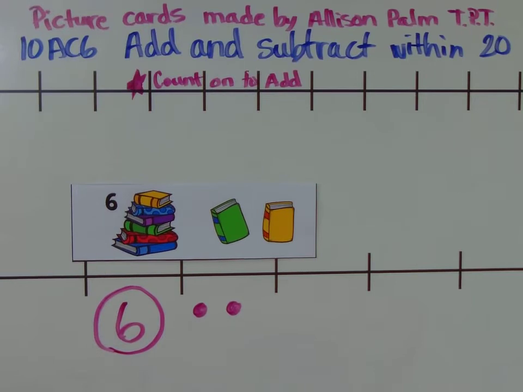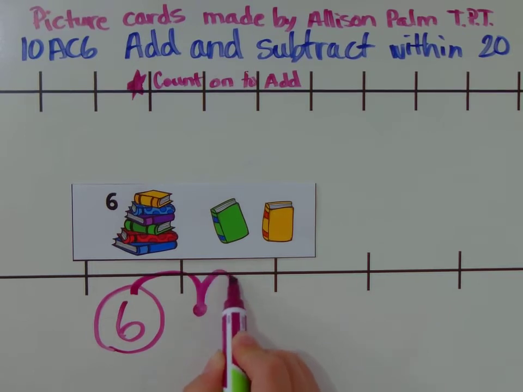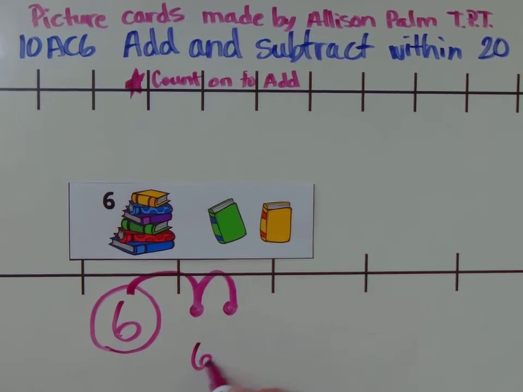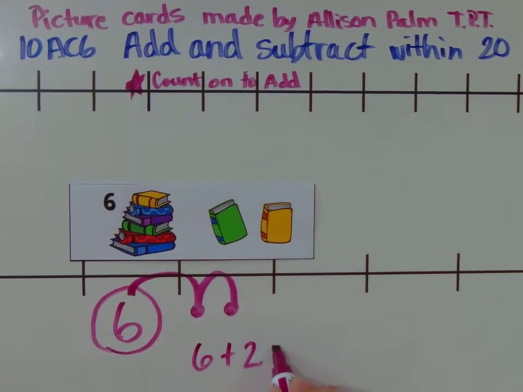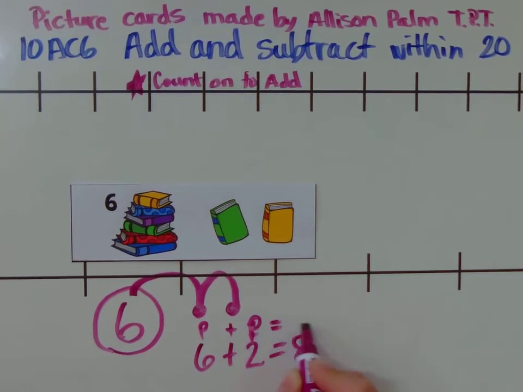Circling the 6 and counting on 6, 7, 8. Counting on the next numbers in sequence. 6 plus 2 equals 8. 6 is a part plus 2 is a part equals 8 as the whole.